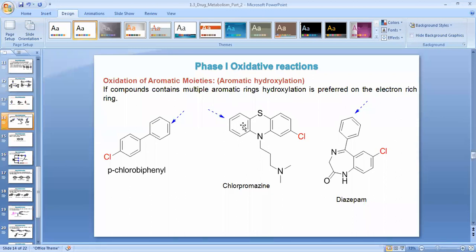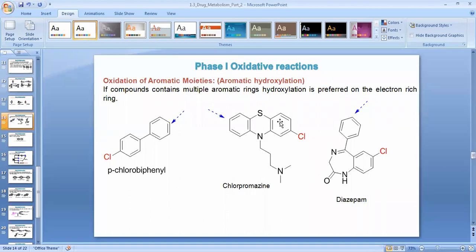So this ring is rich in electron. If we are talking about this middle ring, there are only 4 pi electrons present. If we are talking about this last ring, it is attached to an electron withdrawing group. So in this case, which ring goes first or is prioritized for aromatic hydroxylation?